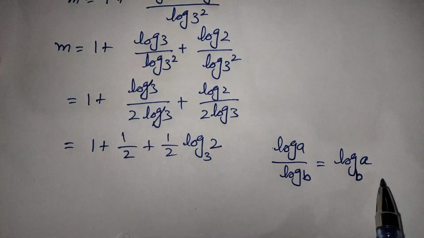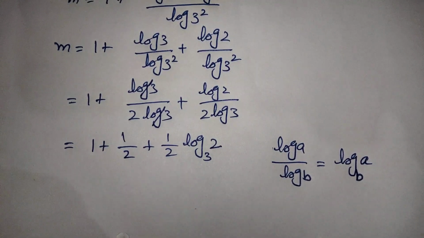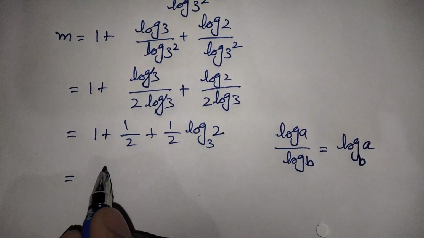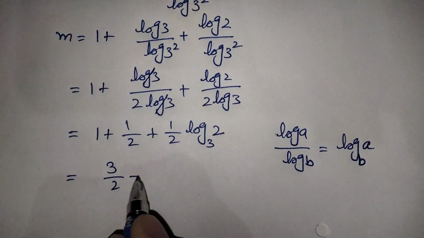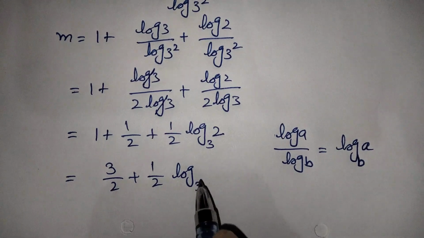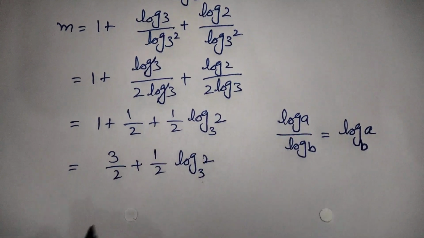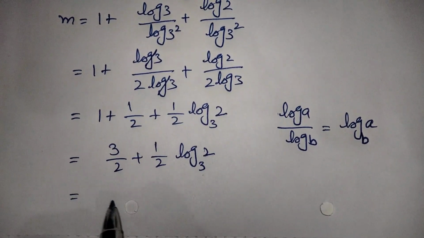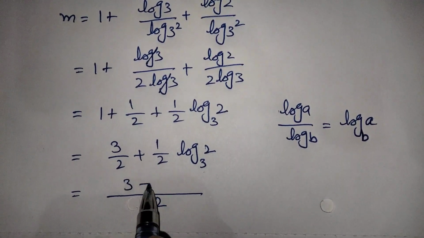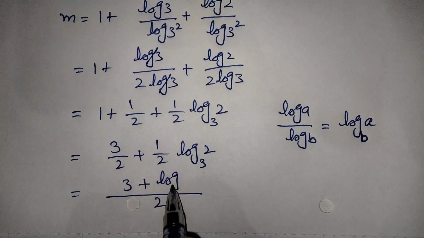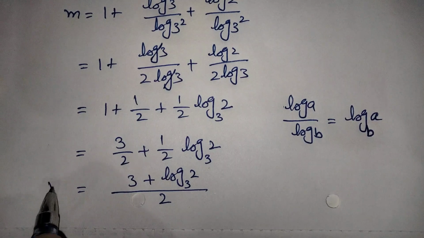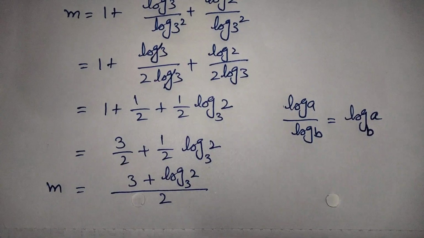So using this formula we rewrite this, and again simplifying, 1 plus 1 over 2 is equal to 3 over 2 plus 1 over 2 log of base 3 and argument 2. Now taking LCM, 2 is the LCM, we get 3 plus log of base 3 and argument 2, over 2. So this is the value of m which we want to find.